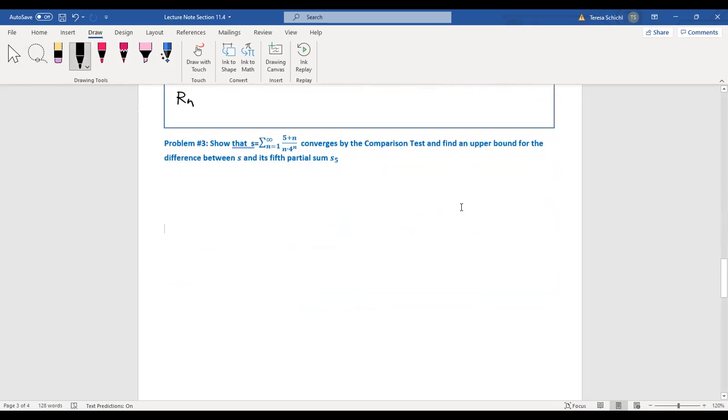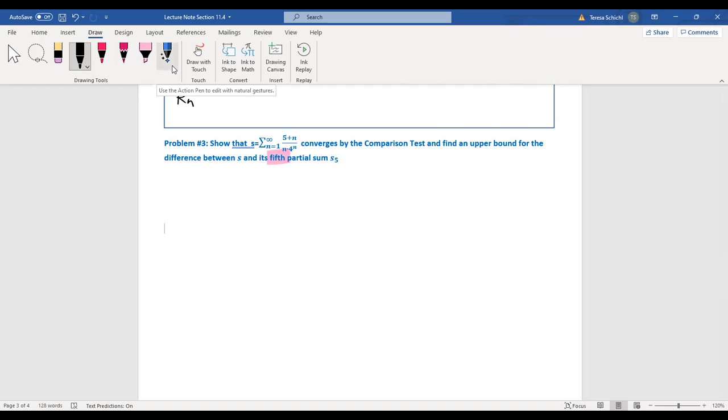Okay, so now let's take a look at this example. Example number 3 says, show this series converges by the comparison test and find an upper bound for the difference between s and the fifth partial sum.